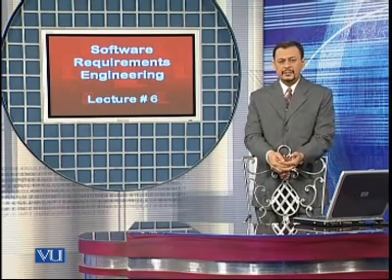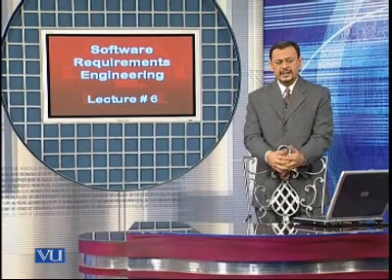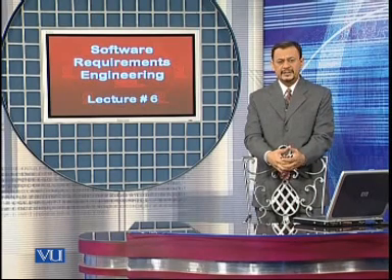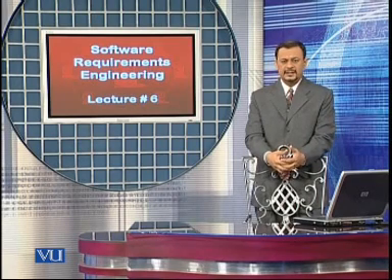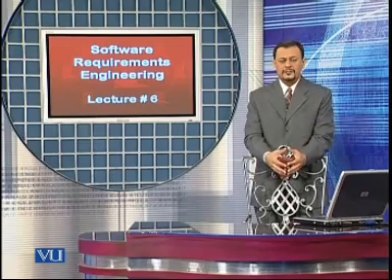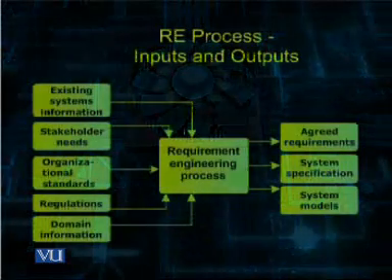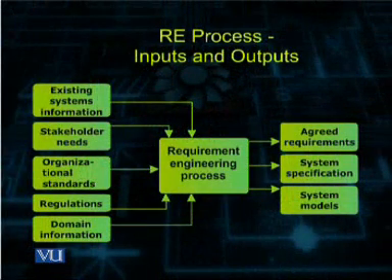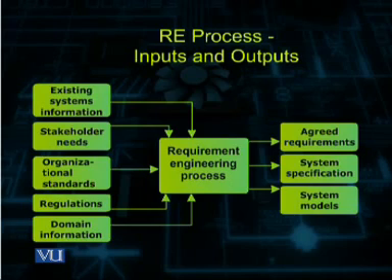Then we know that there are many different types of stakeholders, and each of them has a separate set of needs and requirements. So all of these would basically be lumped together here, and then they become an input to the requirements engineering process. Third, organization standards, and we'll talk more about them when we get to them in a separate discussion.